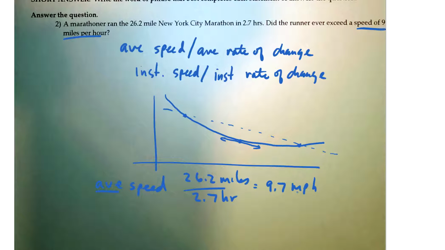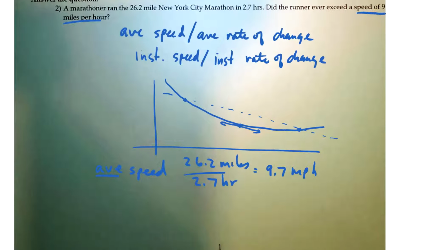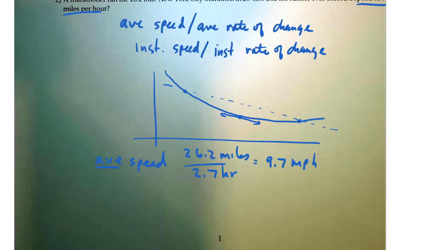His average speed is 9.7. Well, then certainly at some point in the race he had to have run 9.7 miles per hour, and therefore he ran over 9 miles per hour. We know that's kind of common sense, but mathematically we have to justify it like this.